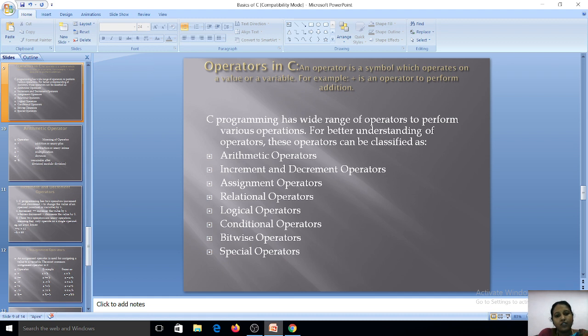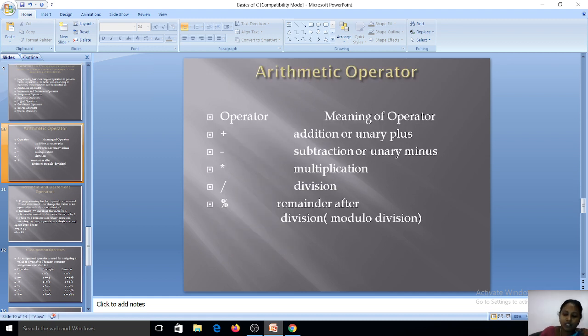Okay, first we will see about arithmetic operator. The name itself specifies it is used to perform some mathematical operations. The operators present in arithmetic operator are plus, minus, multiplication, division and modulus. Plus is used for simple addition or for unary plus, and minus is used for subtraction or for unary minus.